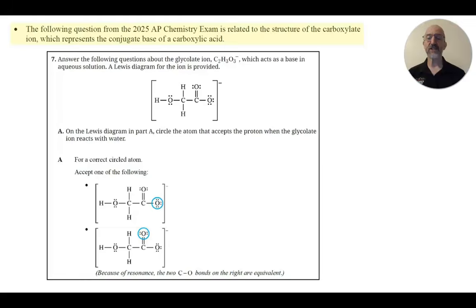So we're looking at the conjugate base, C2H3O3-, and so you can see the correct answer was to circle the oxygen atom located on the right side of that structure. And as you can see on this slide, there were actually two possible answers because each of those oxygen atoms is equivalent because of resonance. So I just wanted you to see a recent AP Chemistry exam question involving carboxylic acids. In this case, it was the carboxylate ion, which is the conjugate base of a carboxylic acid.